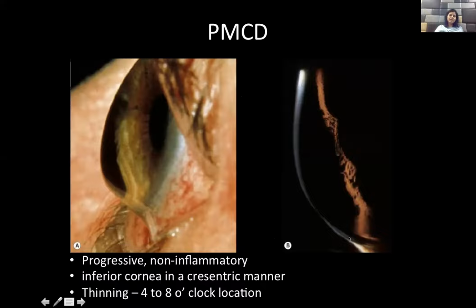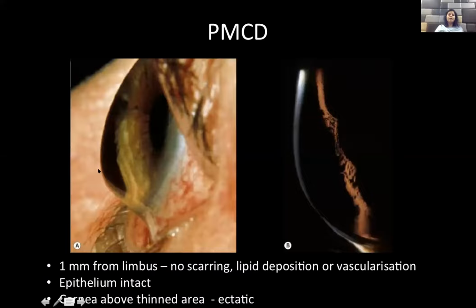You can see that there is thinning here, and over the area of thinning you can see a protrusion which is classically seen in this picture. Now generally you see it 1 mm from the limbus. Note that there is no scarring, no lipid deposition, and no vascularization, which will help you differentiate it from the other ectasia, which is Terrien's marginal degeneration. And if you stain, the overlying epithelium will be intact.